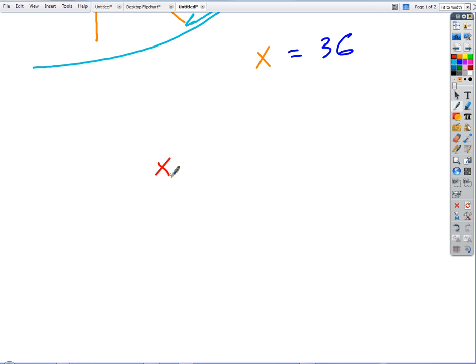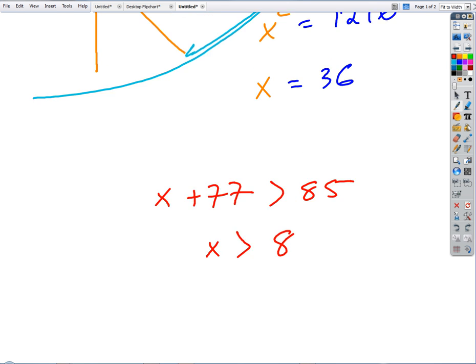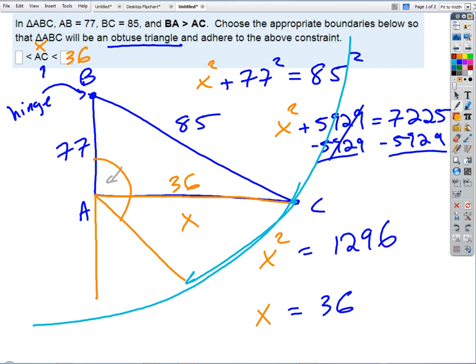If x plus 77, the short piece plus the medium side in that triangle, have to add up to more than 85, what do I do? Subtract 77, right? So x has to be greater than 8. Does that make sense? Okay? So that's my lower limit, right? X has to be greater than 8 and less than 36 to make this an obtuse triangle.